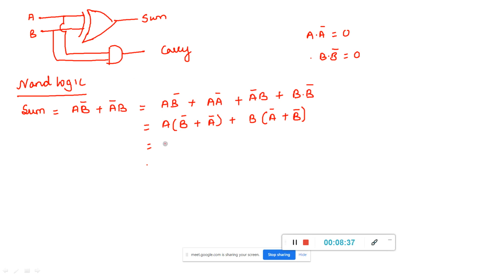We can rewrite in this way: A B bar into B into AB bar. This bar, you need to use here De Morgan's law.